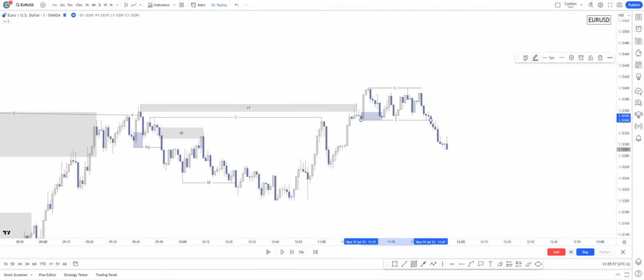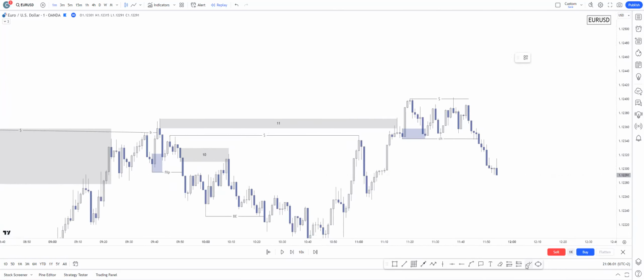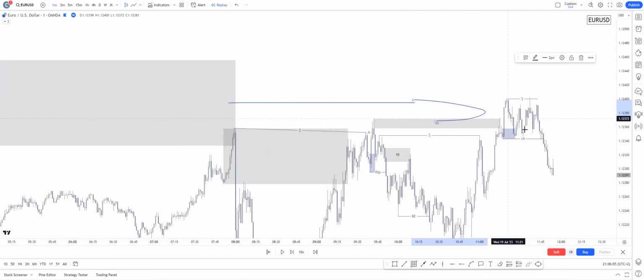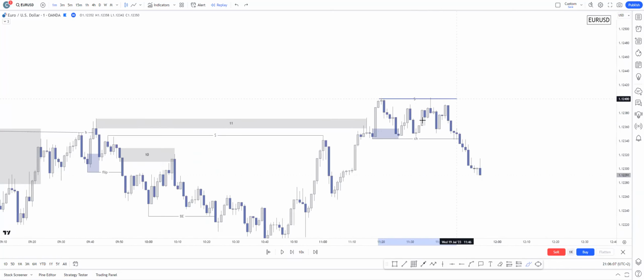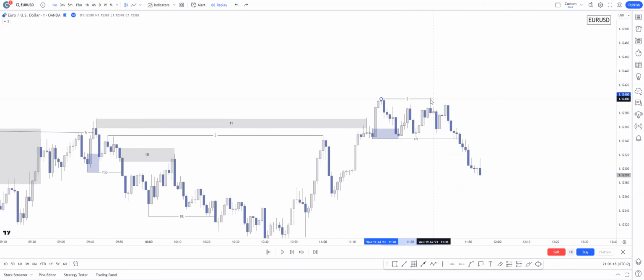Technically, the change of character happened at this point, but I would not call this one a V-shaped recovery. Price was just hesitating inside of this 15-minute area, and you can see that there was liquidity which has been swept out, and also technically there is this supply which has initiated this change of character, but this supply is part of the double tops.